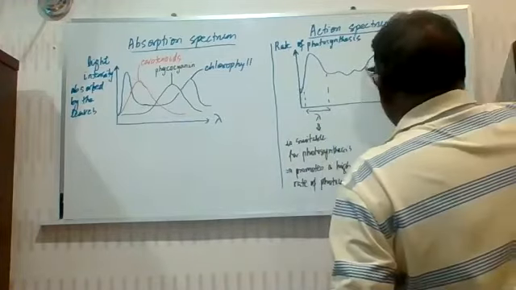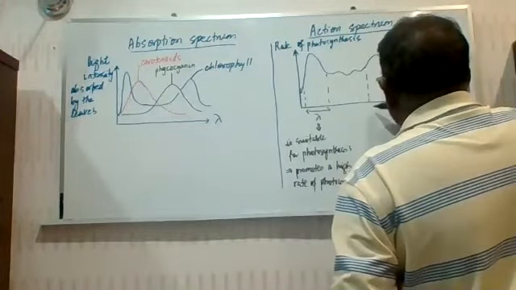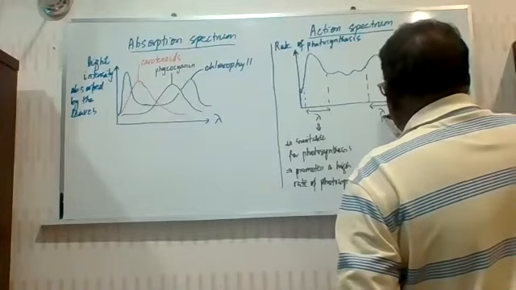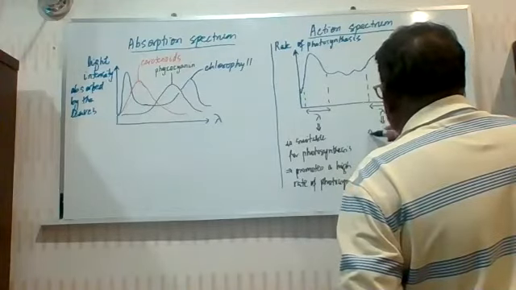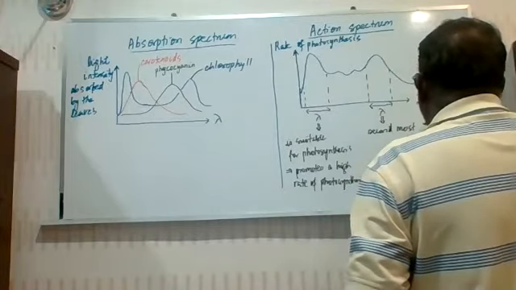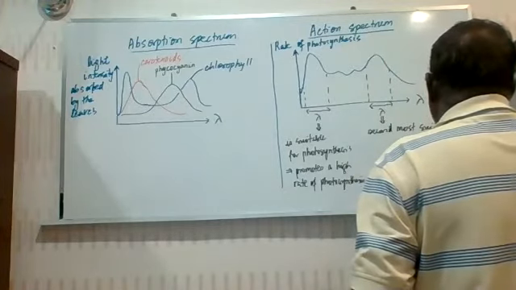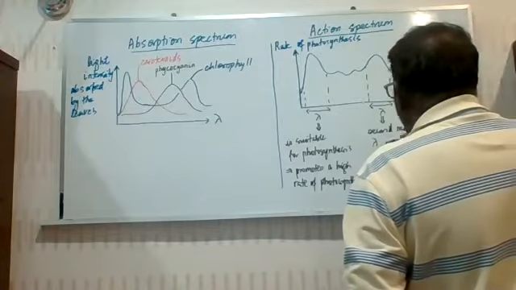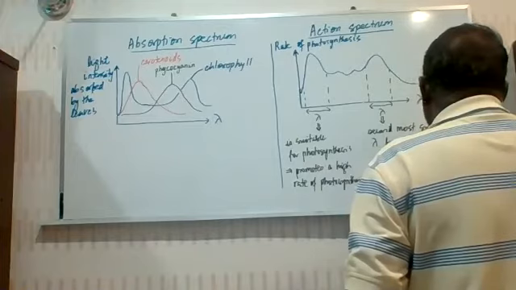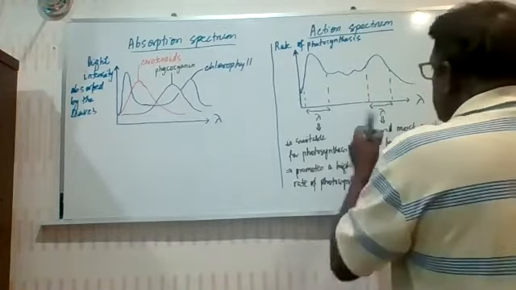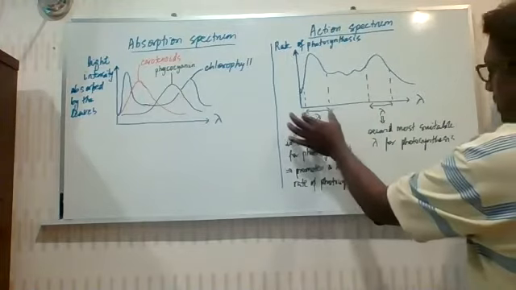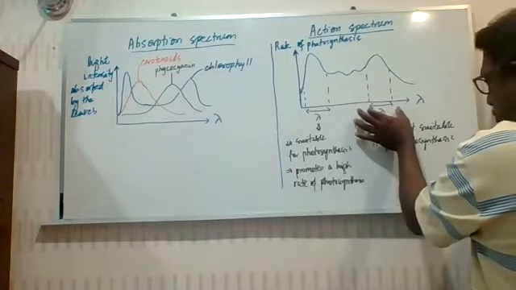And the second range of lambda that is important for photosynthesis will be this, the second most suitable lambda for photosynthesis. So that is what this spectrum tells you: which lambda is suitable for photosynthesis.